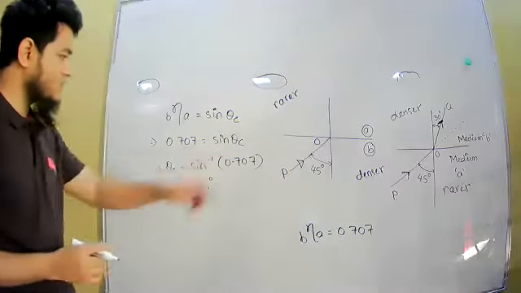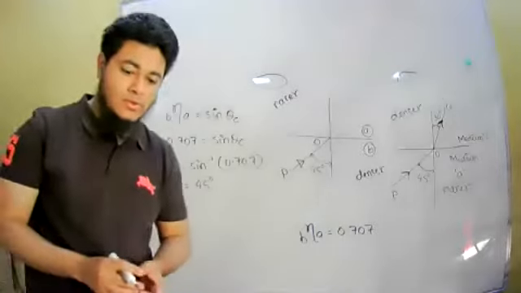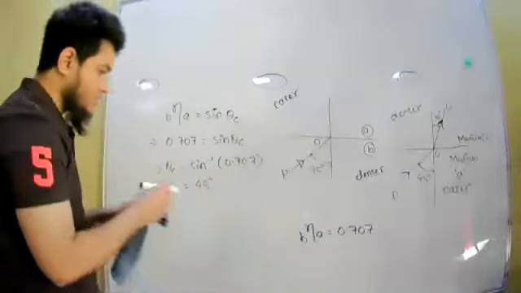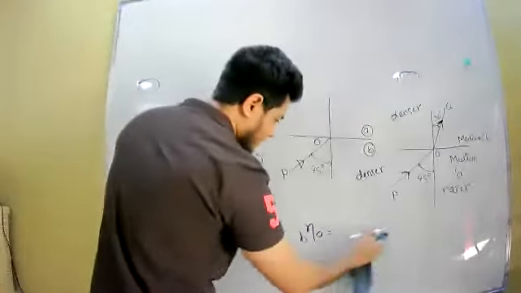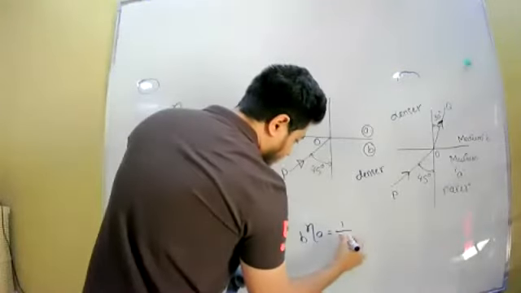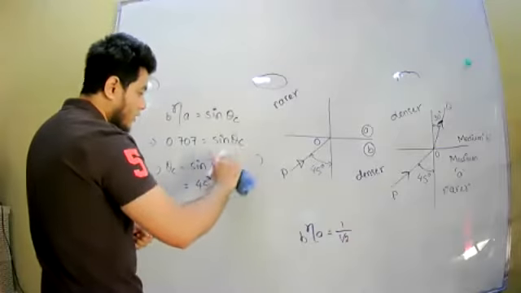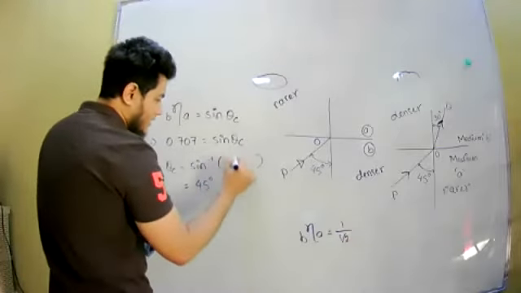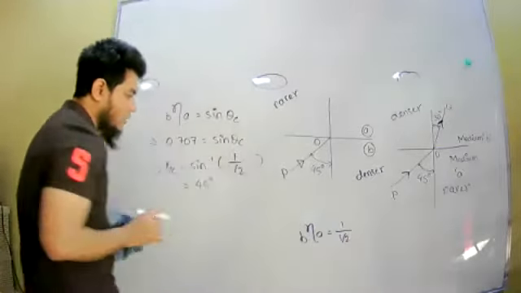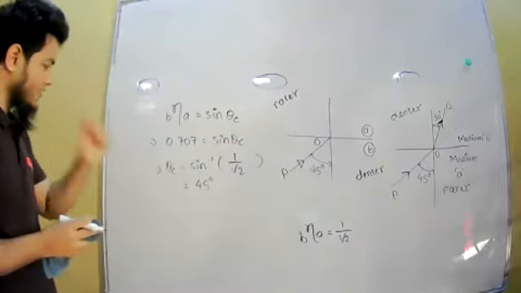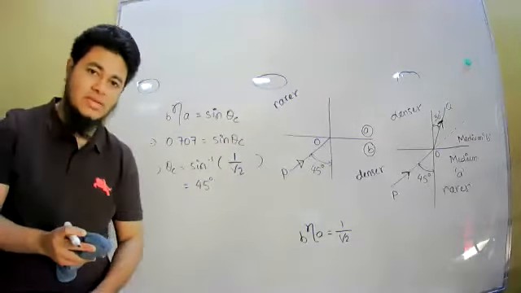Kindly check sine inverse 0.707, or actually it was 1 by root 2, right? We converted it to decimal. So if I put 1 by root 2, we will get a more accurate value. So sine inverse 1 by root 2. If you put this, I think you are going to get 45 degrees. Kindly confirm.